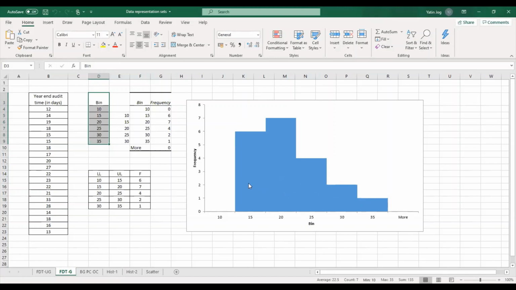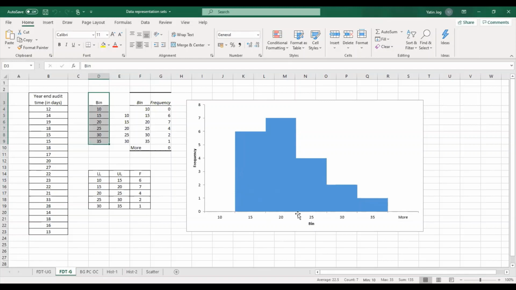So this histogram is showing us the distribution of data, how data is distributed between the minimum value and the maximum value. So you can see a large amount of data points are between the minimum value, which is I guess 10, and the value which is close to 20 25.